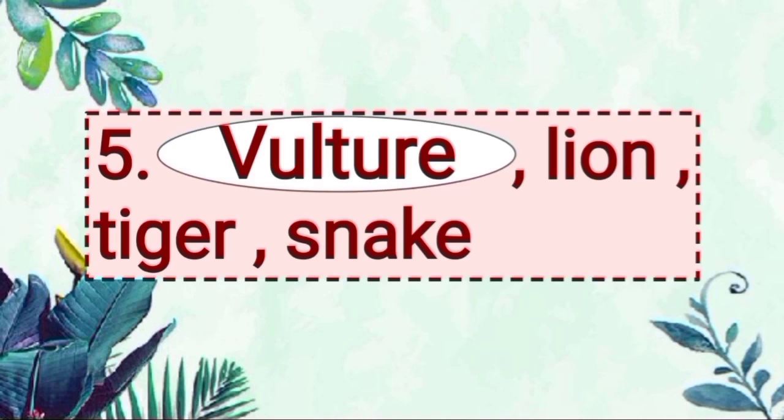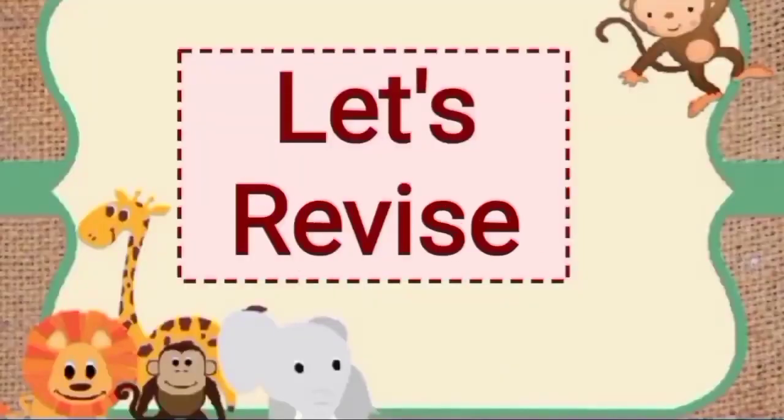And other three, lion, tiger and snake, are examples of carnivorous, means animals that eat the flesh of other animals. So we have to circle first word, vulture. So let's revise.